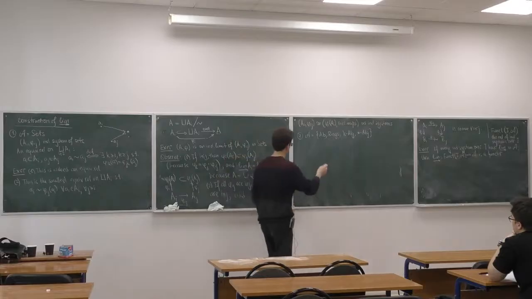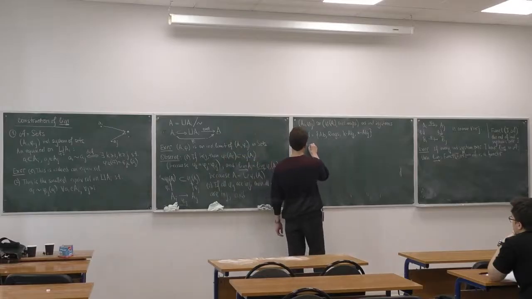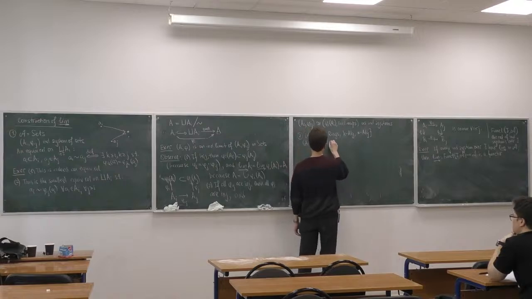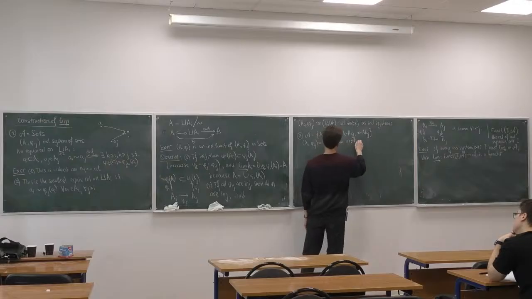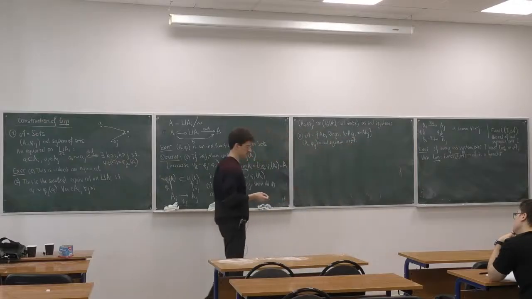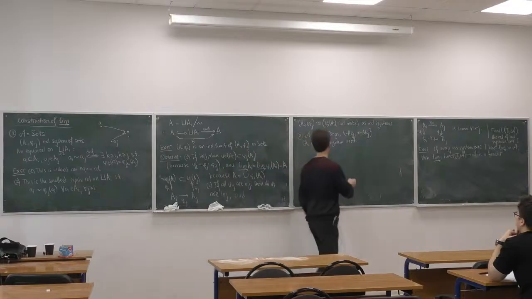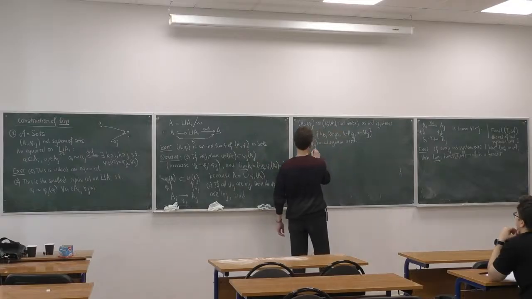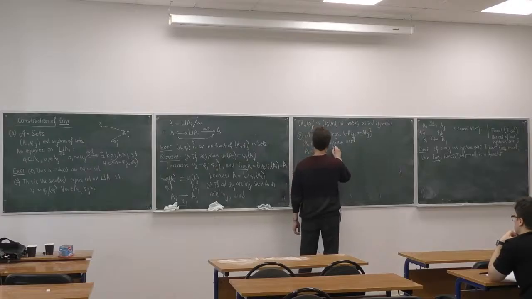So we take an inductive system, A_i, phi_ij, an inductive system in our category, and we form the inductive limit in the category of sets. Take the inductive limit in the category of sets that we've just constructed.